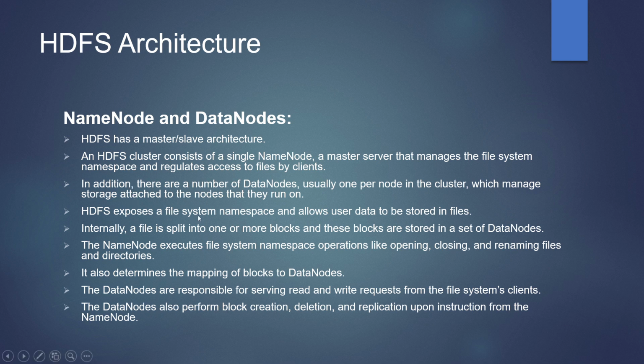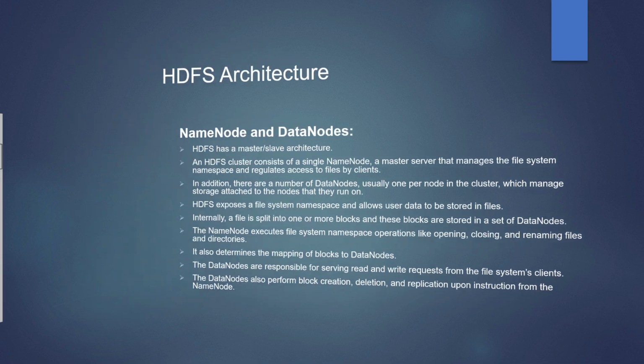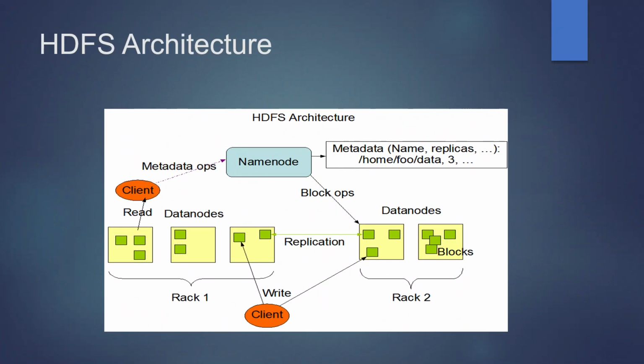HDFS exposes a file system namespace and allows user data to be stored in files. Internally, a file is split into one or more blocks, and these blocks are stored in a set of data nodes, as we showed in the previous slide.